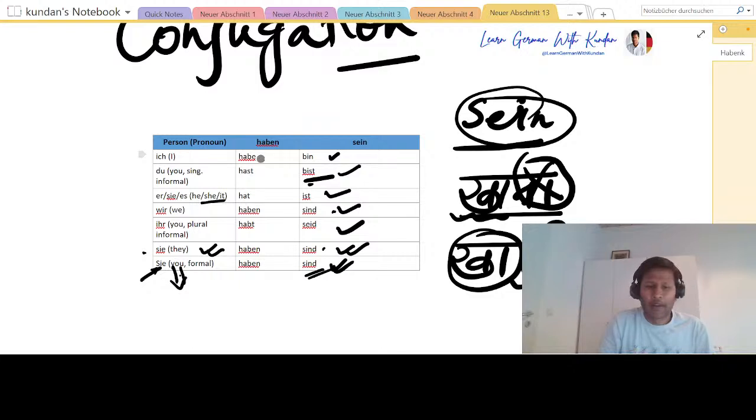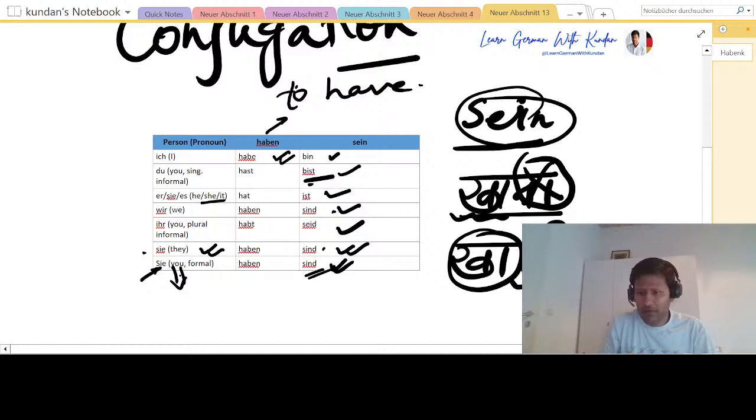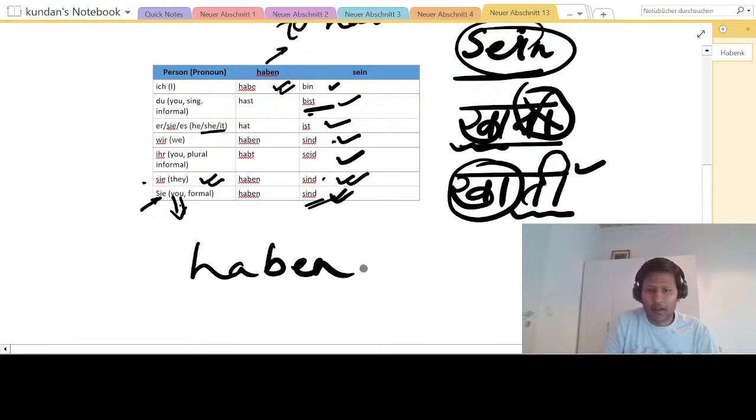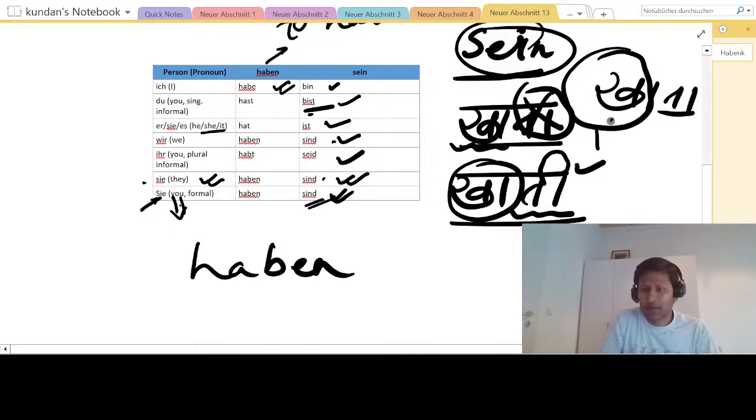All right. Now let us see haben. The meaning of haben is to have. Let me go down and show you the conjugation. Again, like we saw khata hai, khati hai, from khana, we removed the last part and kept only the stem, the main part, and then we do the conjugation.